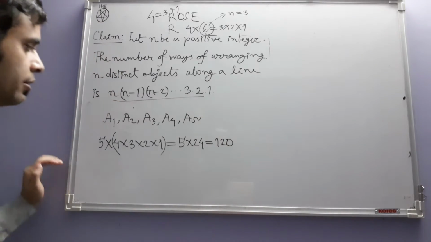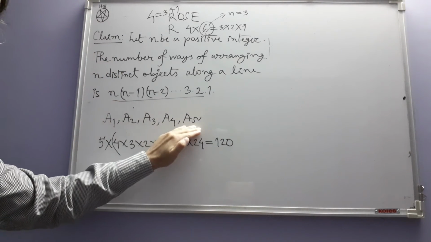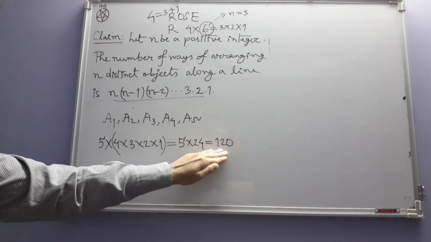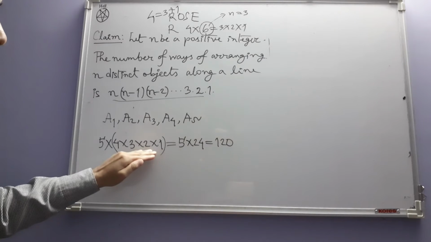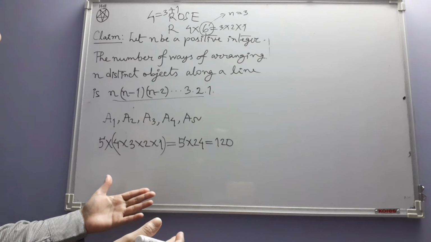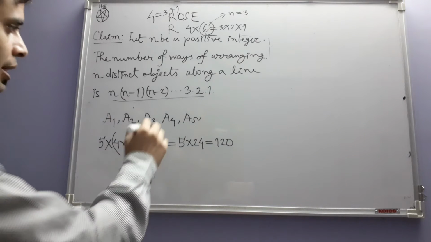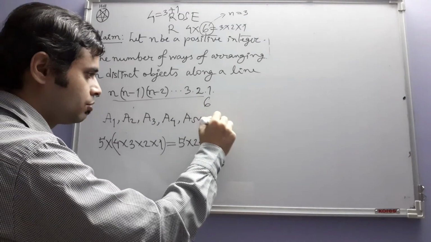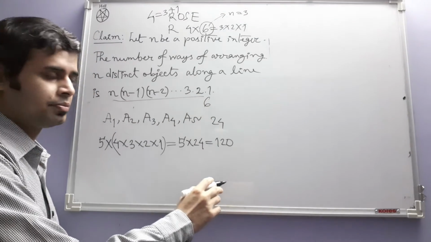So you see that as the number of distinct objects increases, the number of possible ways of arranging them is increasing at a very high rate. We had 6, then we jumped to 24, then 120.